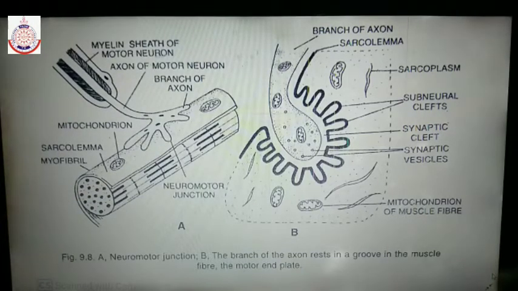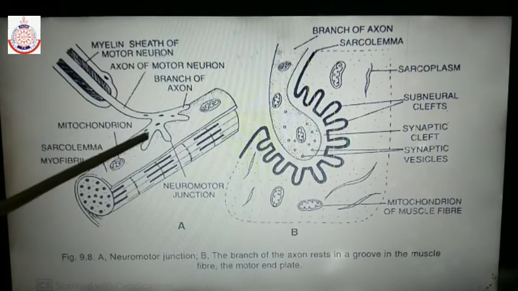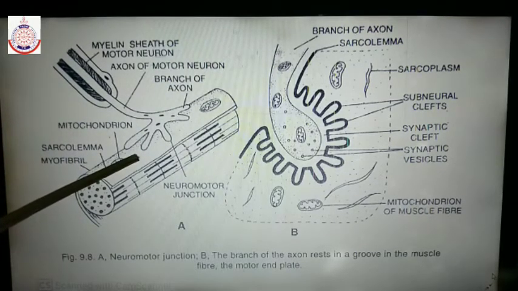What do you mean by action potential? Action potential means a change in the permeability of the plasma membrane. Action potential will be more clear in the next chapter 21. So here you should remember that acetylcholine, which is released by the axon ending, causes an action potential in the sarcolemma of the muscle cell.